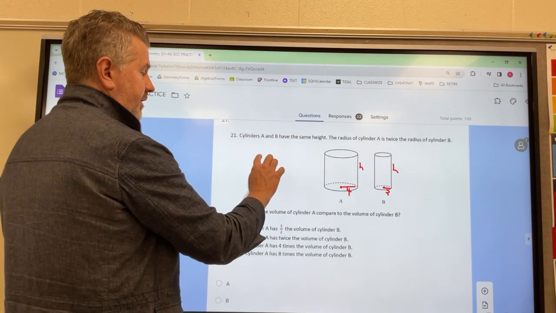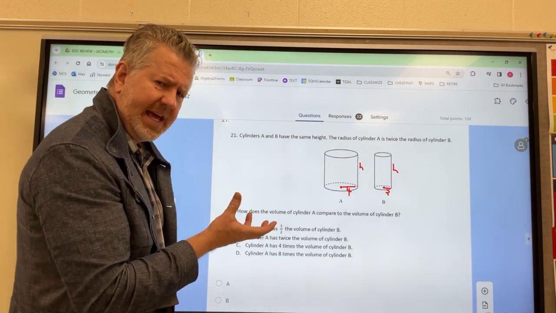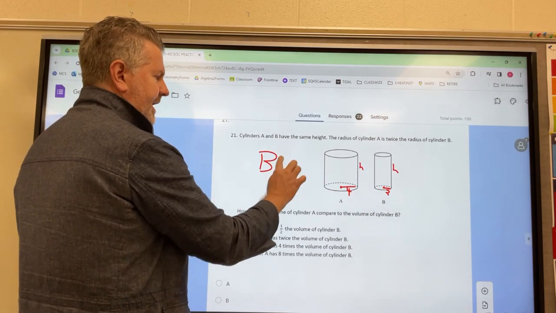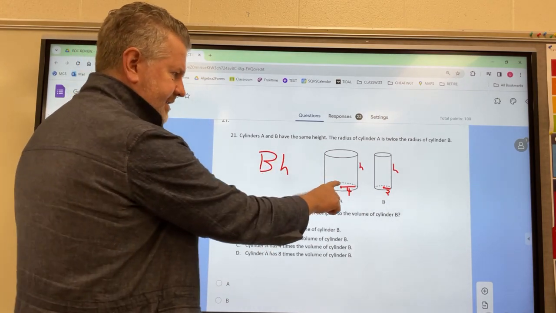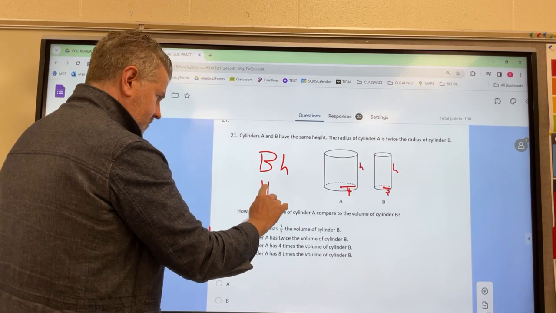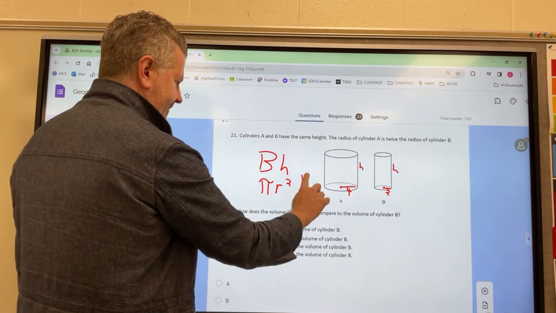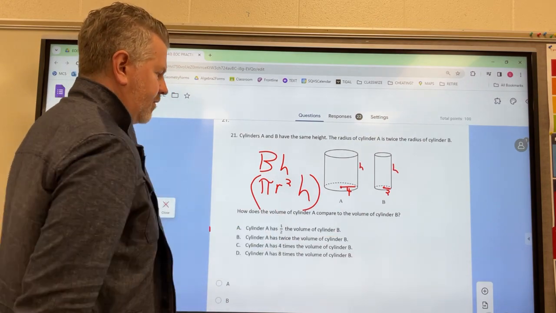The volume of any solid prism is the area of the base times the height. In this case, the base is a circle, so we substitute pi r squared for the area of the base, and we still have the height in here. That's what we're solving for.